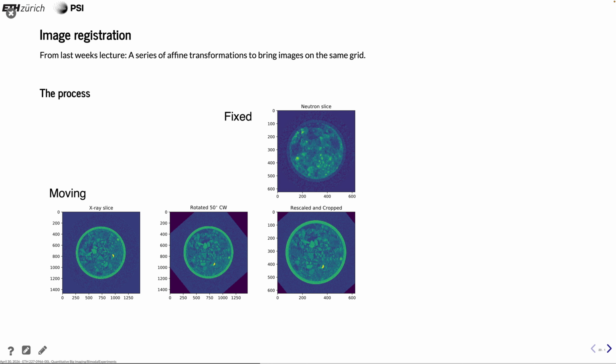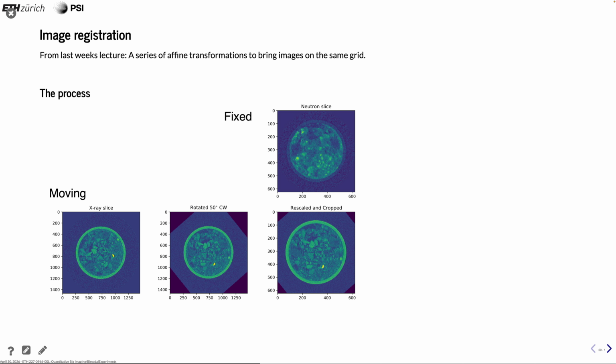Then, an important thing, I already mentioned it in the overview, is the registration. It is something that you need to do mostly before you do any fusion at all. We already touched this subject last week when we looked at the time series, and it comes back again.